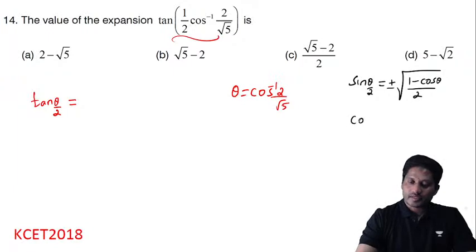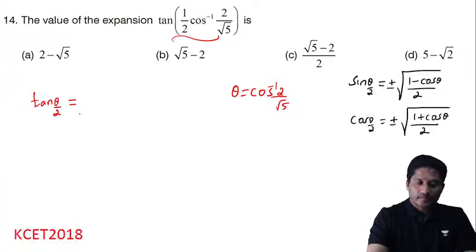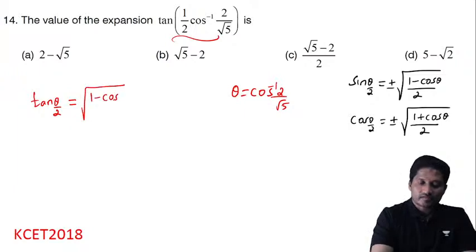Cos theta by 2 is equal to plus minus root of 1 plus cos theta by 2. Sin by cos is tan. To divide, you will get root of 1 minus cos theta upon 1 plus cos theta.